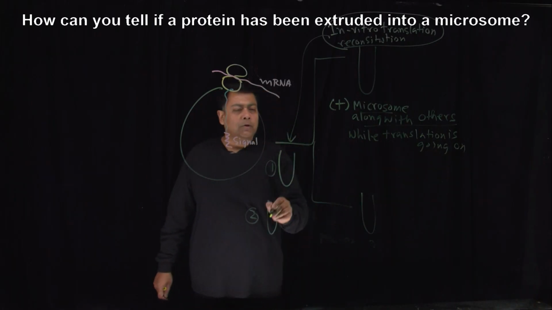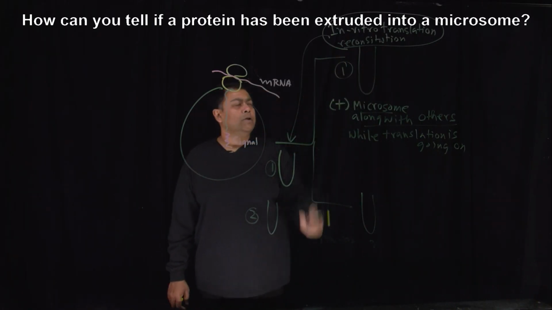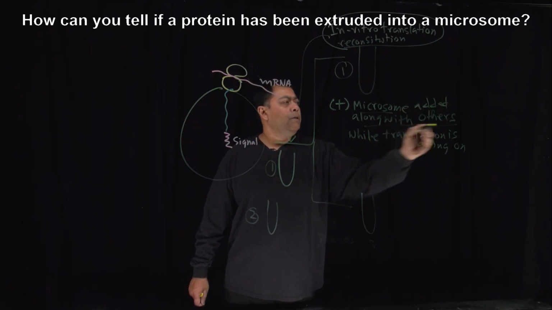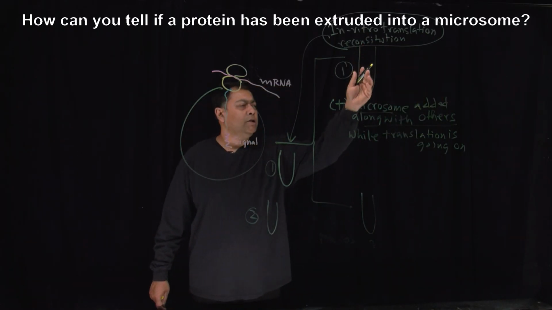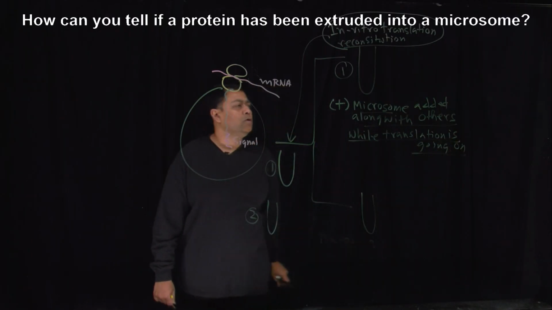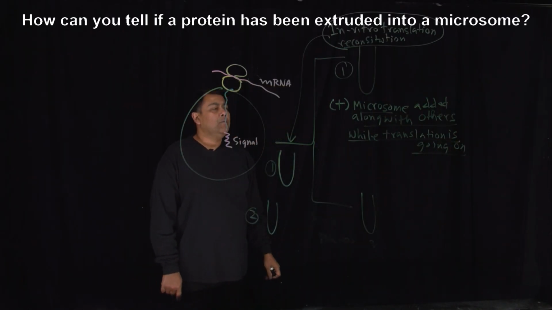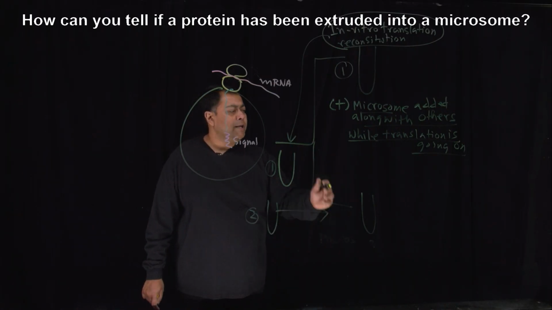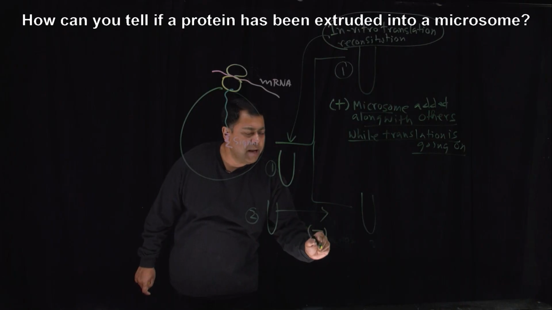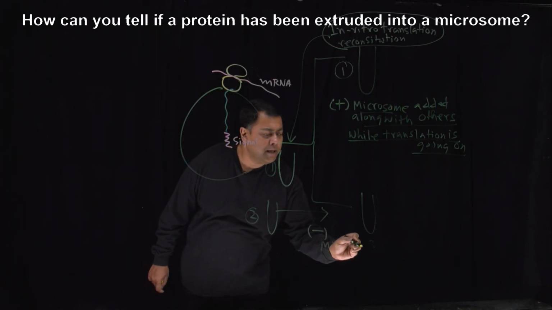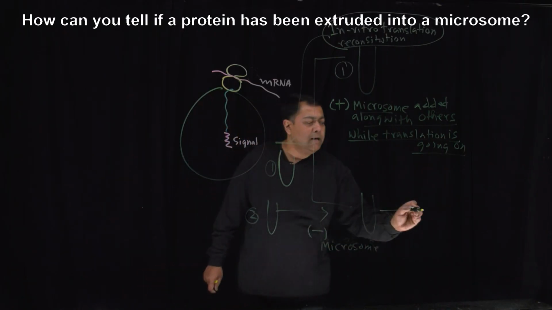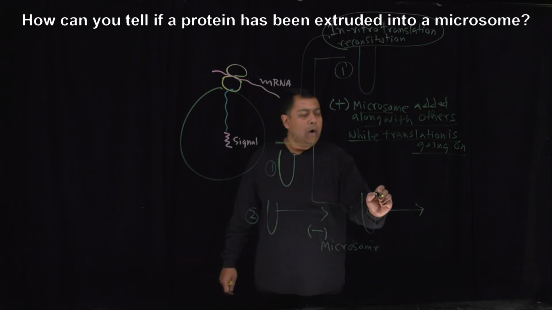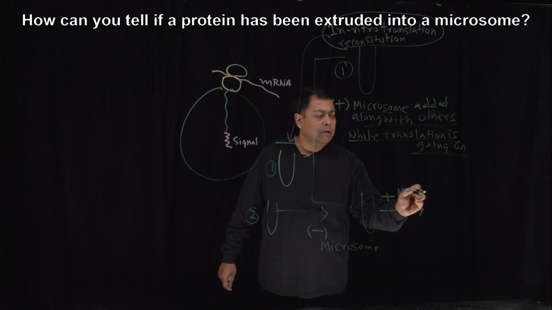In the first one, the microsome is added along with other constituents in an in vitro translation reconstitution while the translation is going on. On the other hand, in the second tube, you do the translation minus microsome, just like the previous Gunther-Blobel experiment, and then after the translation has gone on, you add the microsome.